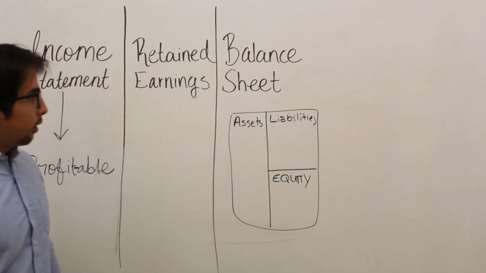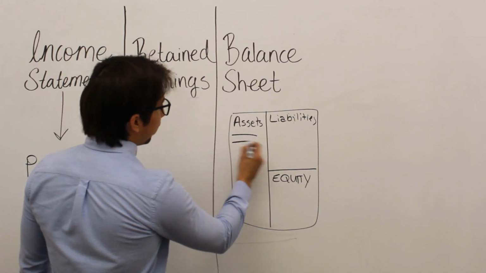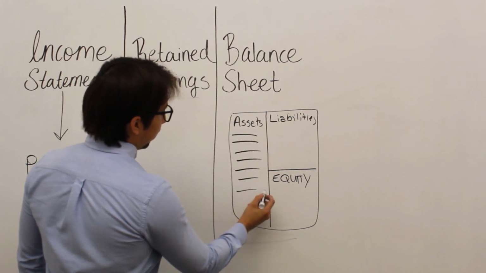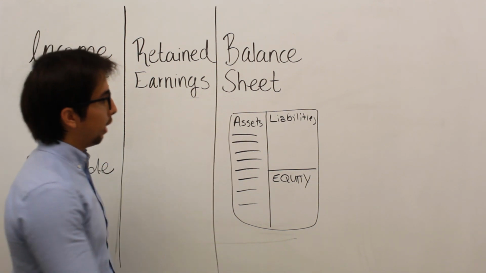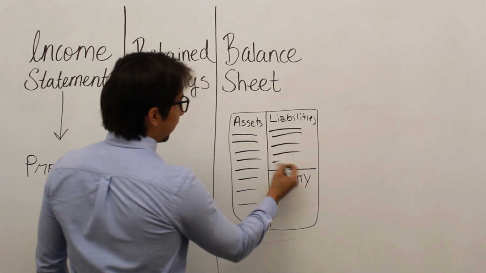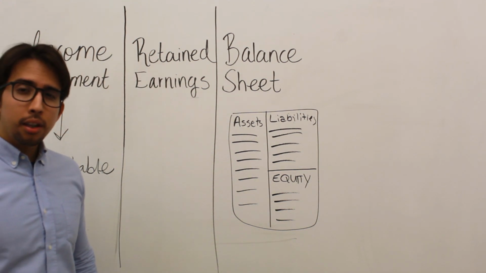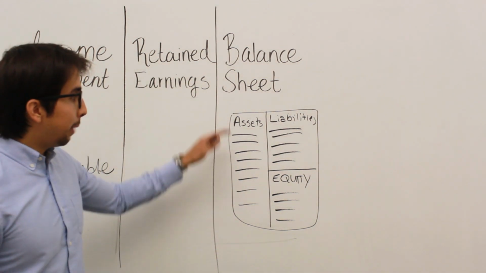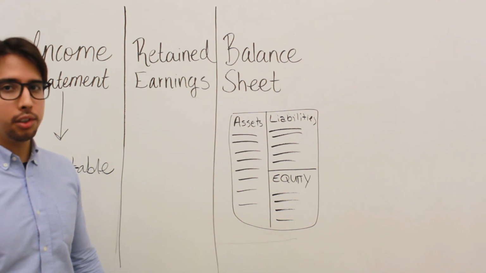Okay. Now, basically what the balance sheet is going to do, it's going to list all of the company's accounts. It's going to list the balance of every one of the company's accounts. So it's basically like taking a screenshot of your bank account and then sending it to your friend. That's what a balance sheet is, except companies have a lot of accounts, way more than you have.